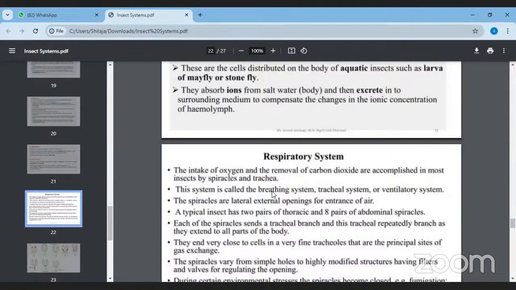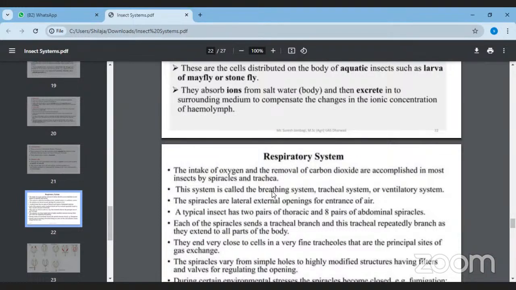So whenever you want to write about the respiratory system in insects, first describe the trachea, which directly transport oxygen to the parts of the body and do not use the circulatory system as the vehicle.